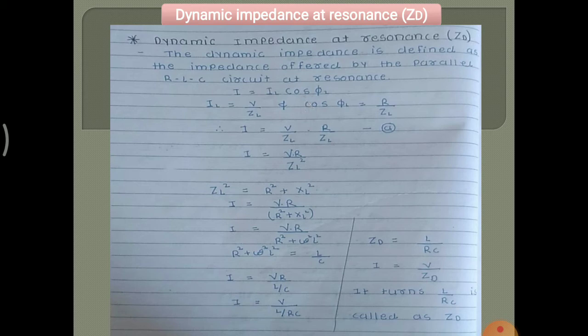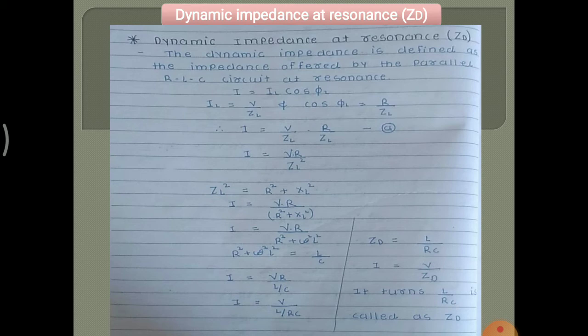Below the resonance frequency, the circuit is inductive and impedance increases with frequency. At resonance frequency, dynamic impedance is maximum.